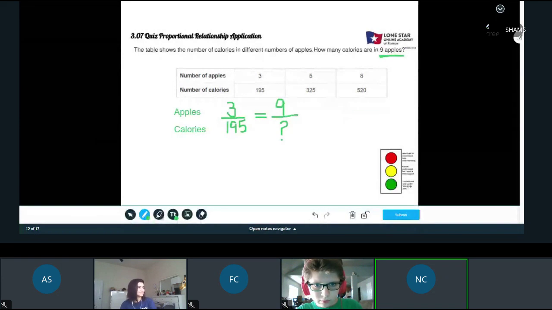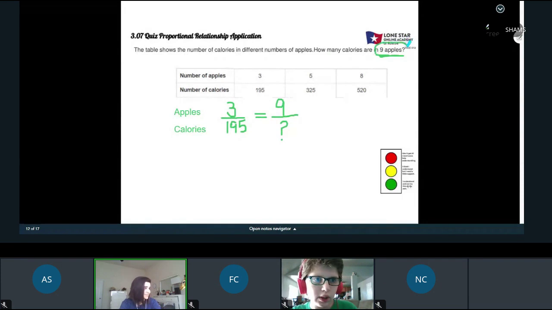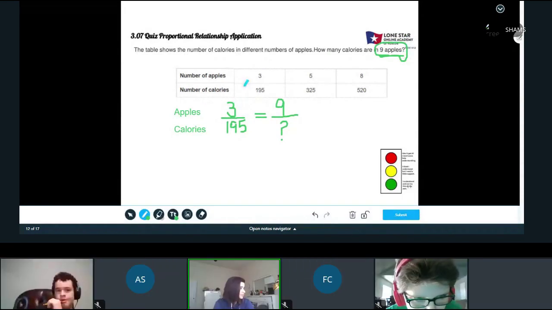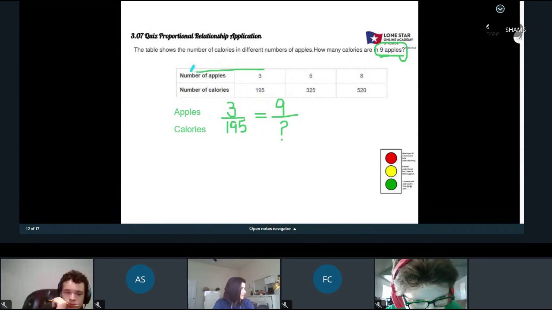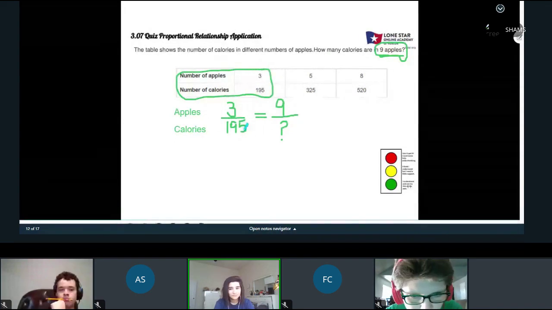Well, I was thinking the number was 65. Wait, I don't know what the number is, but I am just thinking about the question. I just wrote out the question. So here the question was you want to find from 9 apples, right? I haven't even solved it. So this is how I set it up: the number of calories in 3 apples is 195, right?